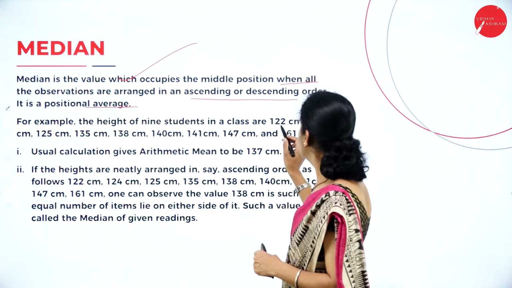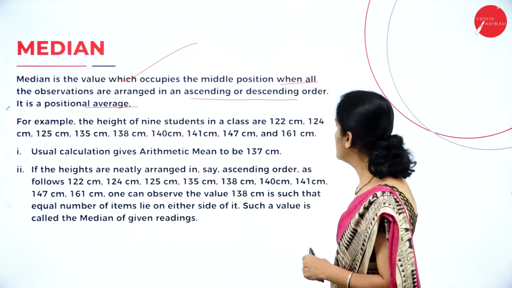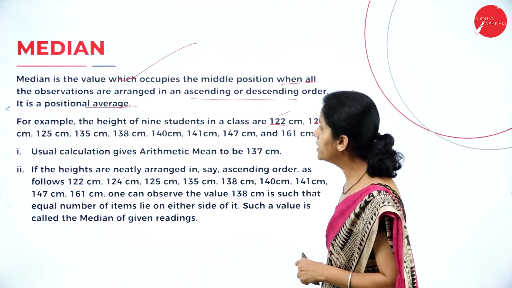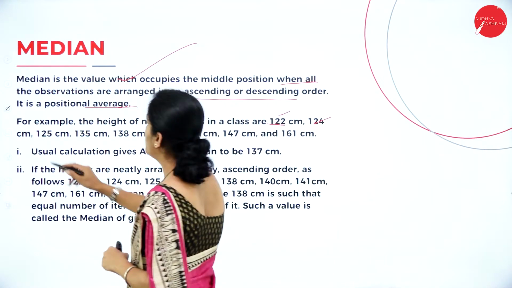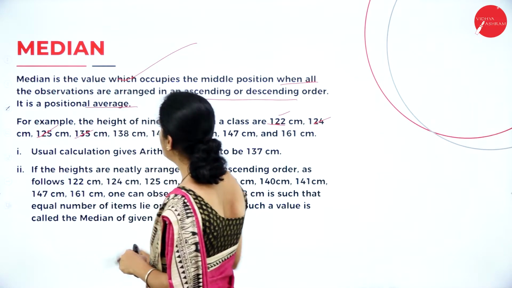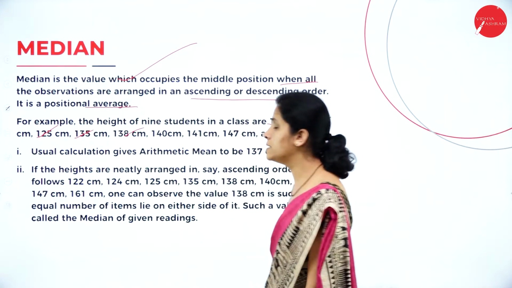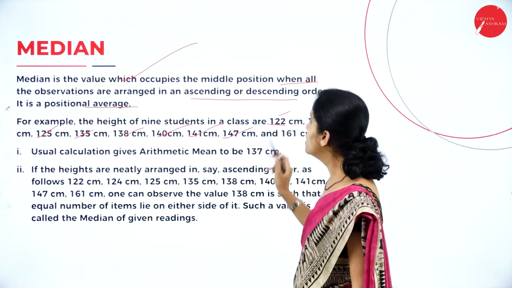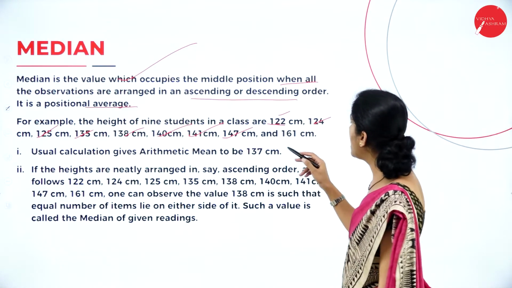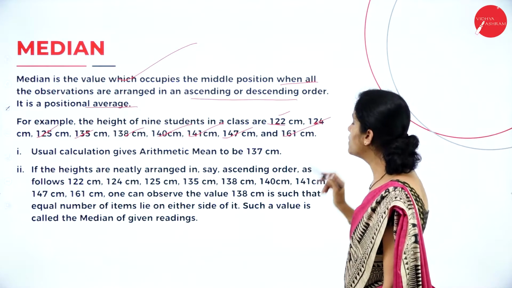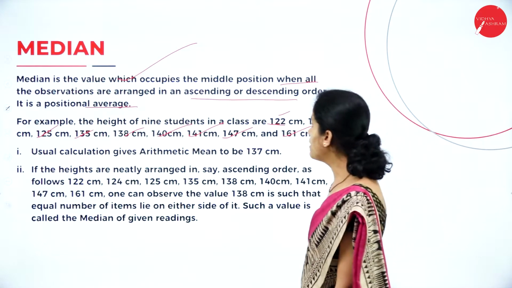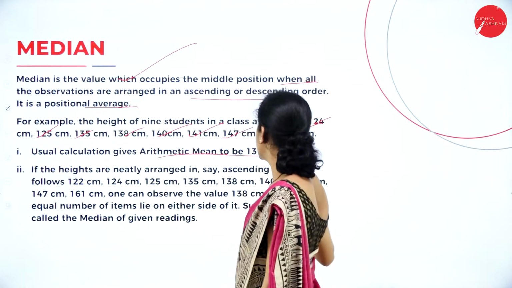Think that this is another example. I have 122 centimeter, 124 centimeter, 125 centimeter, 135 centimeter, 138 centimeter, 140 centimeter, 141 centimeter, 147 centimeter and 161 centimeter. Now I want to find the arithmetic mean.